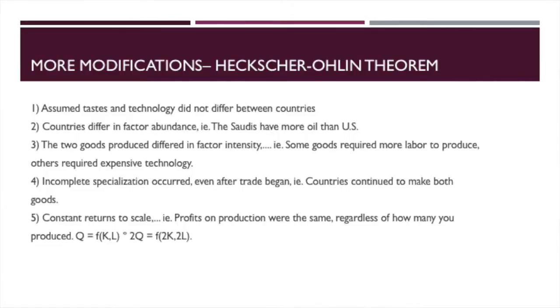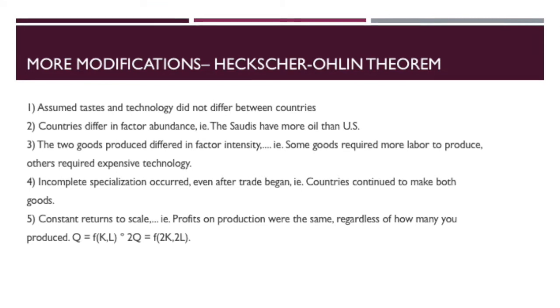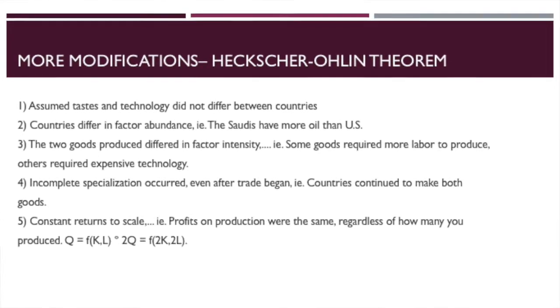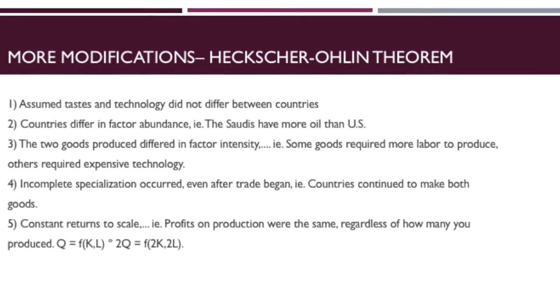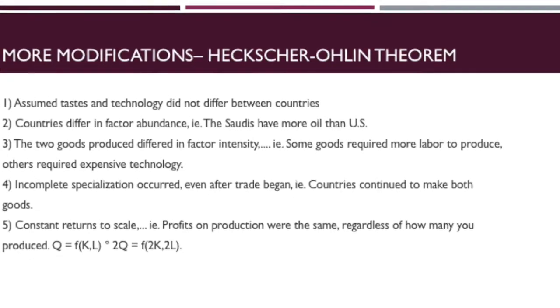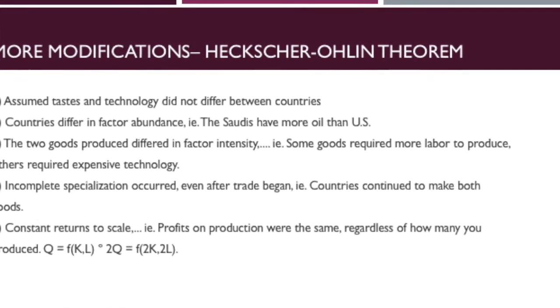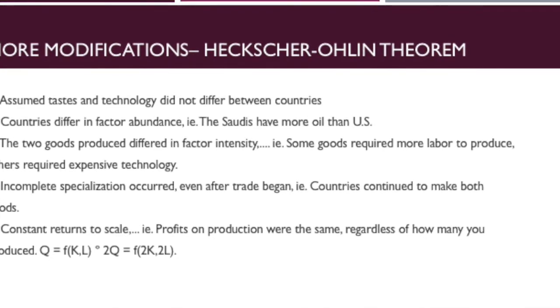Well, two economists, Heckscher and Ohlin, I think it's Eli Heckscher and Bertil Ohlin. You economists in the room might actually have heard of these two guys. They continued their work trying to figure out whether or not Ricardian logic held up. And they made a number of their own modifications to Ricardian theory, and you can see them here, numbers 1 through 5.